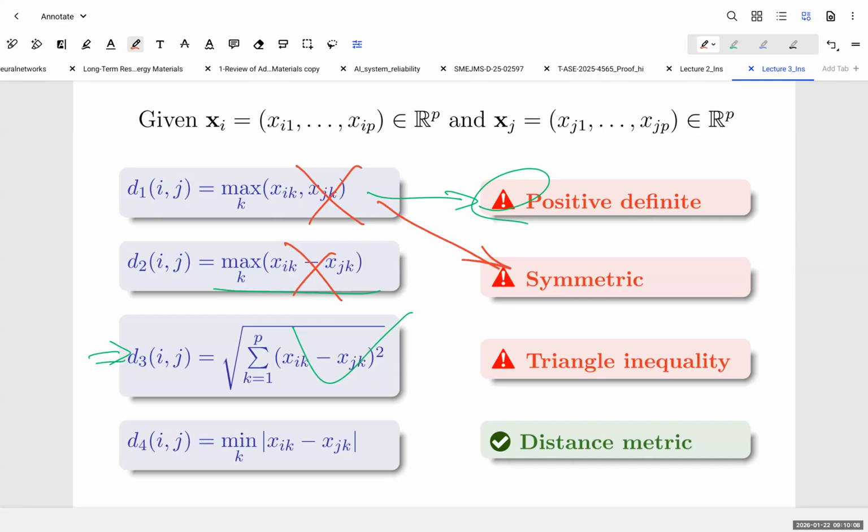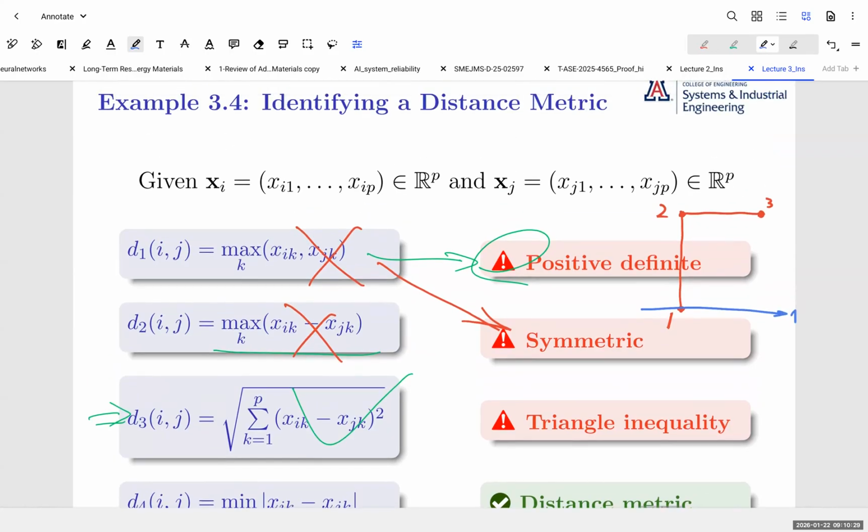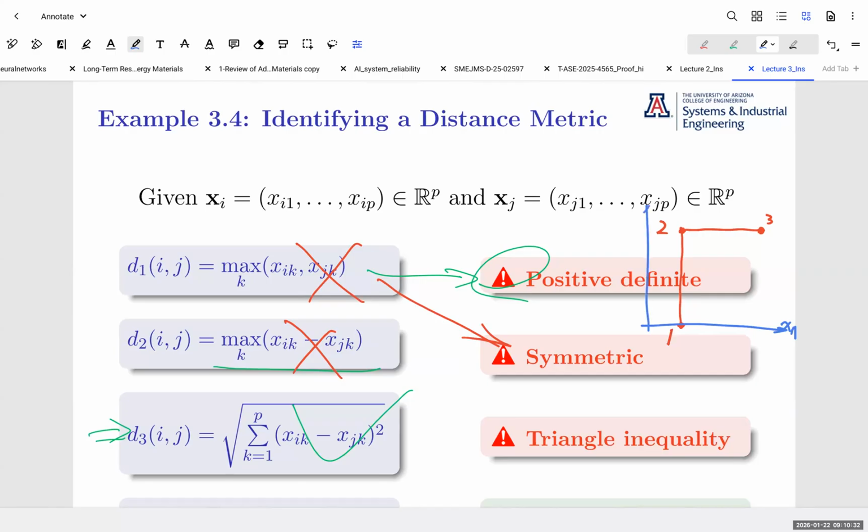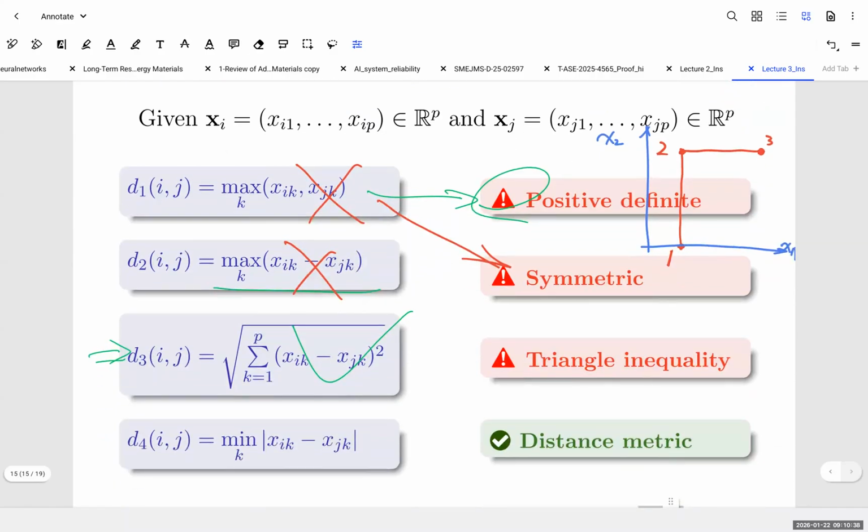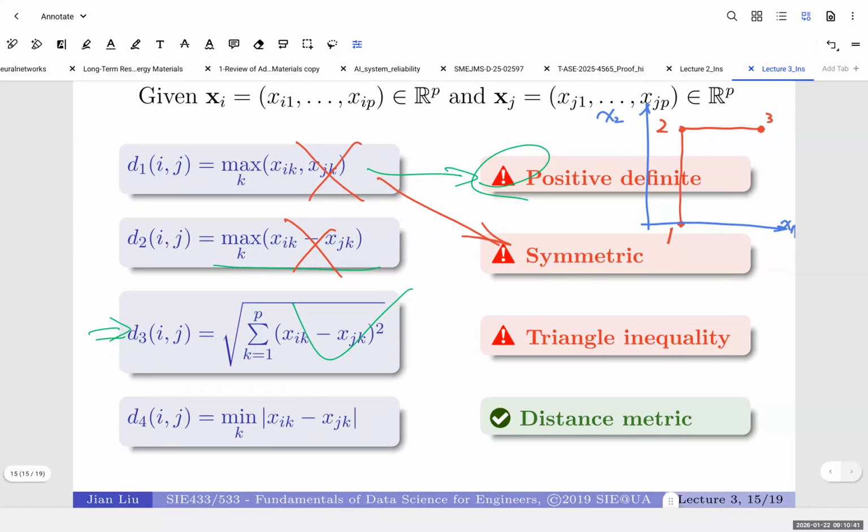Okay, let's look at this example. We have x1, the first data object, the second data object, and the third data object defined in this two-dimensional space. What is D12, D13?